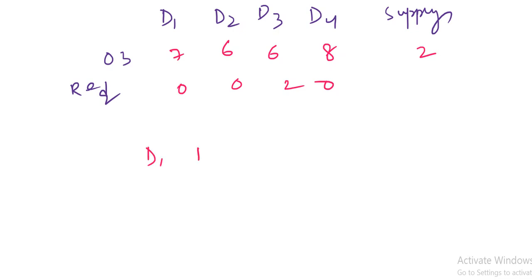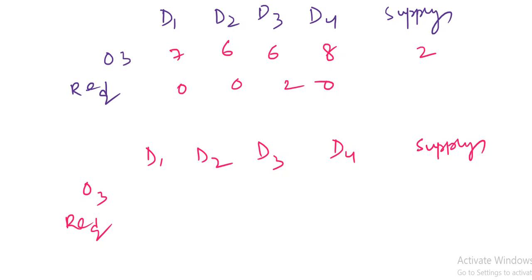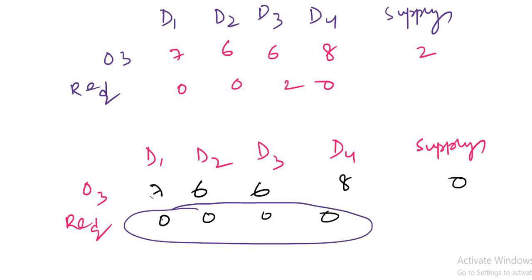D1, D2, D3, D4, supply and O3 and requirement. The value is 7, 6, 6, 8, 0 and the total requirement will be 0. Okay, so now we can calculate this value here.